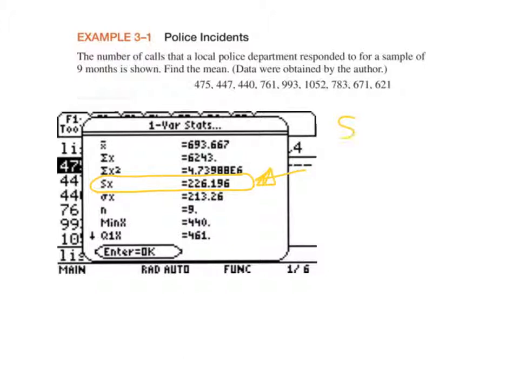So your standard deviation is 226.196, and then your variance, that thing squared, is 226.196 raised to the second power. And you're going to get 51,164.63. All right, so really super easy to do it on the calculator.